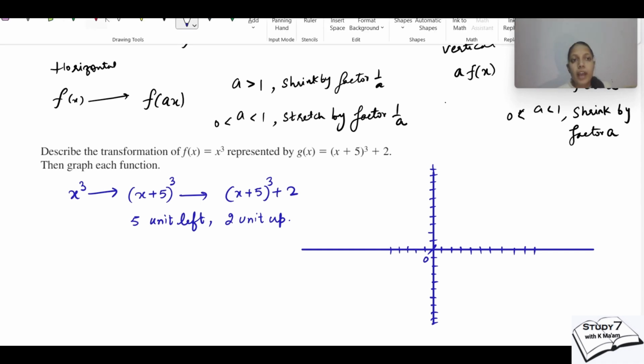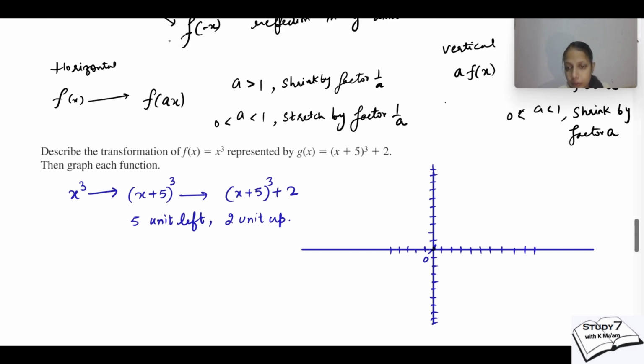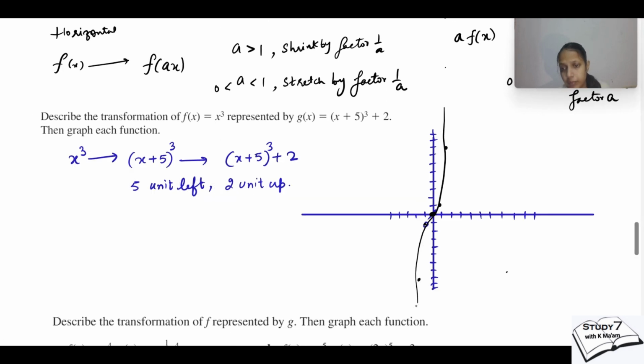If you try to draw the x^3 function, at 0 it's 0, at 1 it is 1, at 2 it is 8. At -1, it is -1. At -2, it's -8. The graph will be like this.